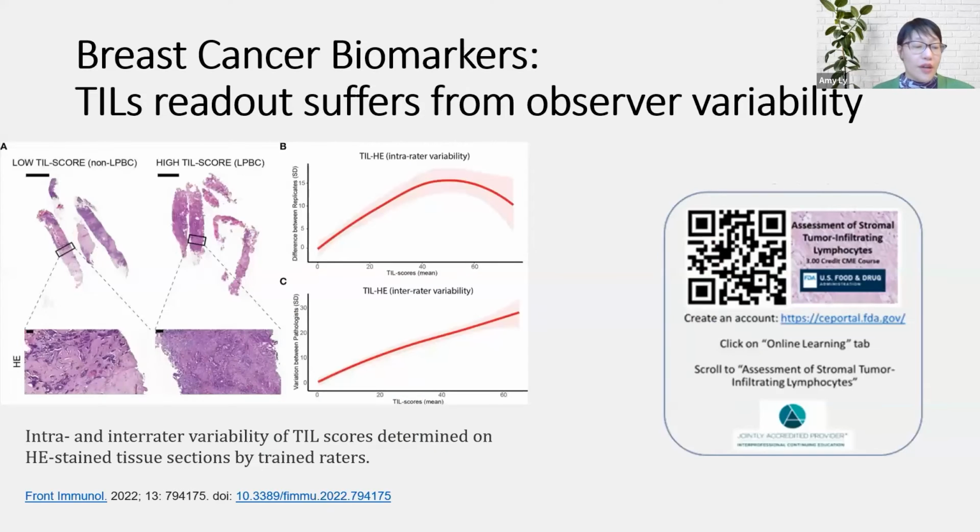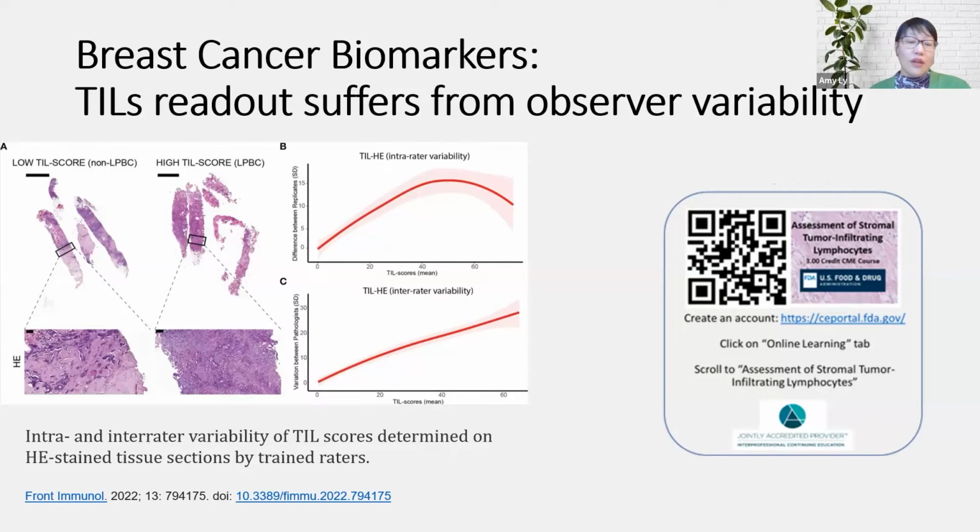A word of caution about AI models as they're being developed, though. Typically, AI models have to be validated against a reference standard, and that reference standard is often human pathologist interpretation. It's known that TIL calculations suffer from rather significant intra and inter-observer variability in some institutions and settings.